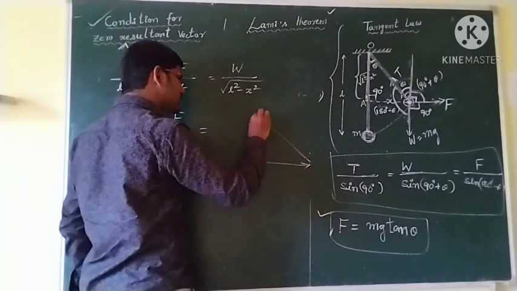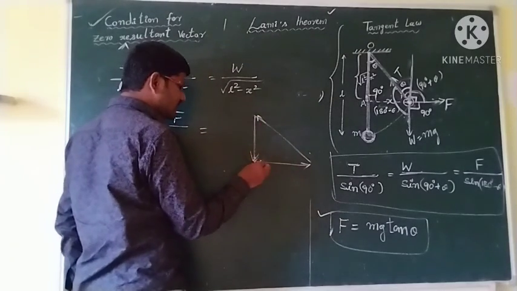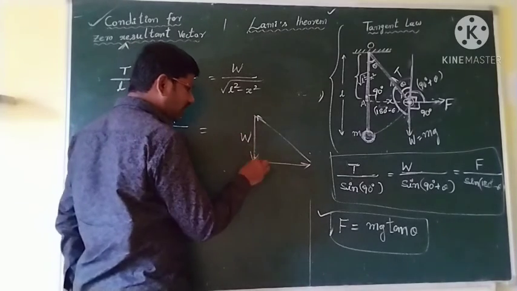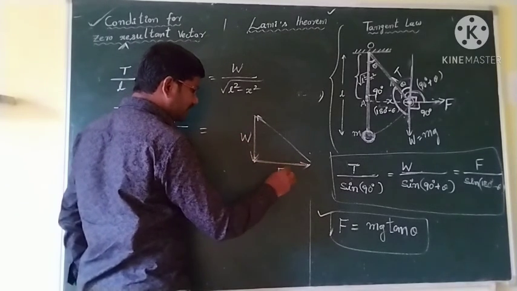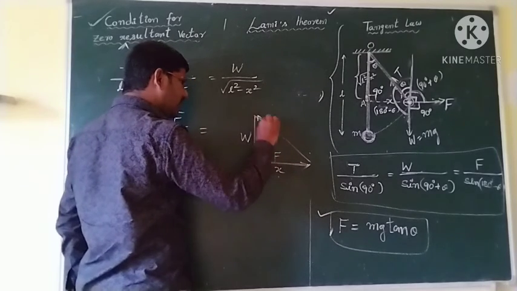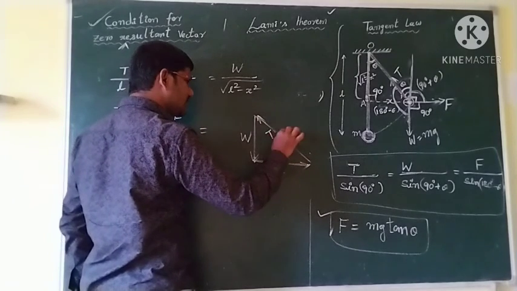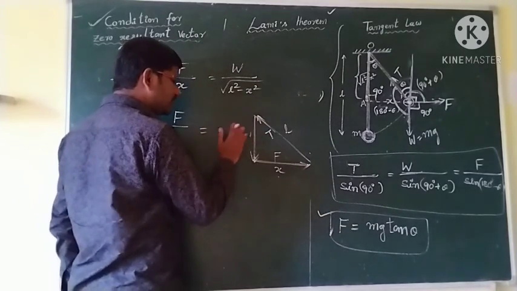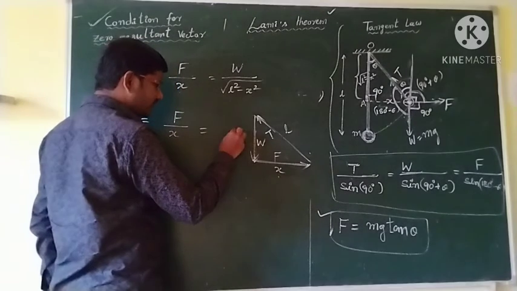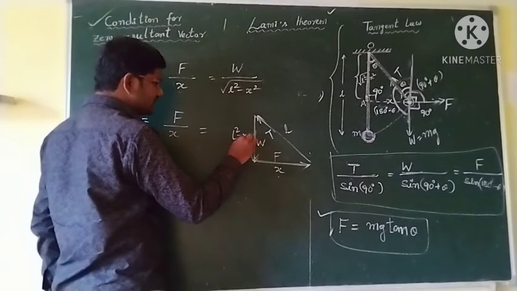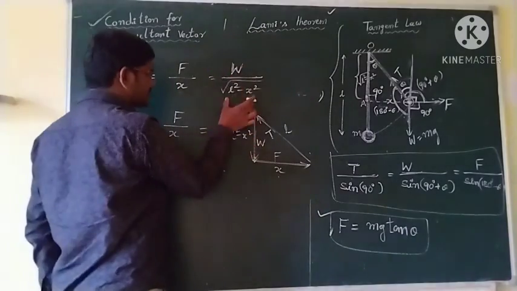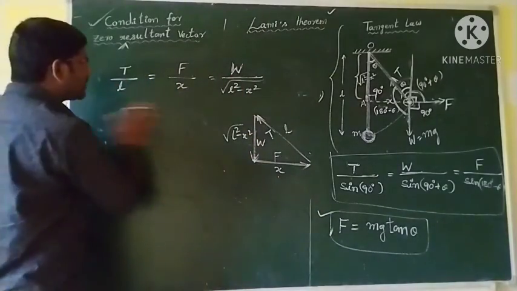Weight direction is downward, horizontal force F, and length is x, and along this you have tension force. Tension is acting along L length of the string, and weight is acting along root over L square minus x square length. So W by root over L square minus x square, that is totally constant.